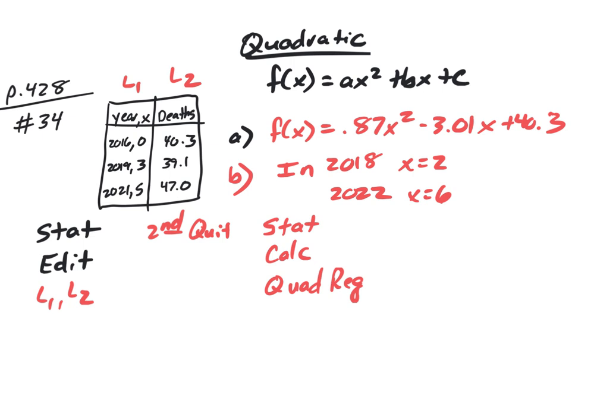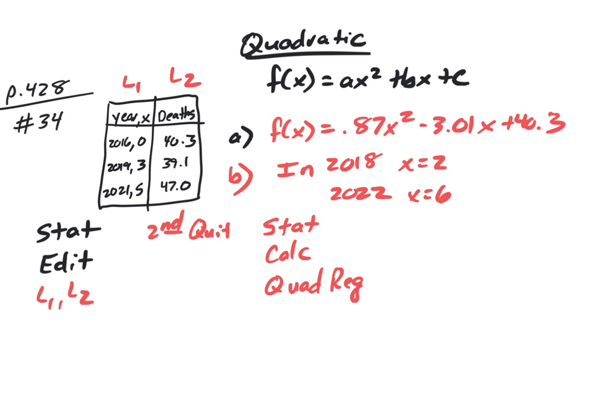Now, the numbers here, if you are wondering what, that's not really making sense, this is the number of deaths in thousands, so this would be like 40,000 deaths. And so that way we don't have to put in like big long numbers.